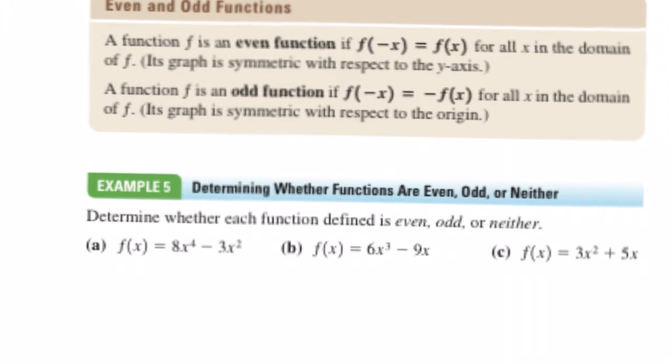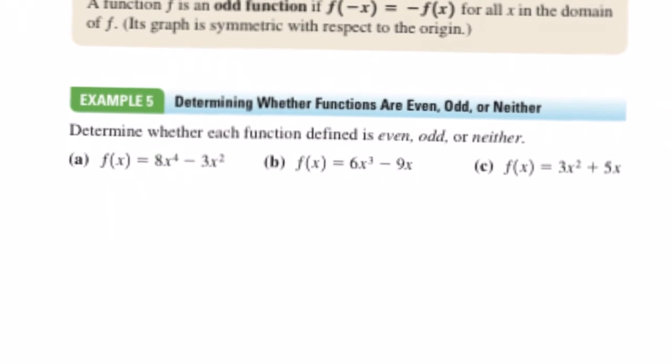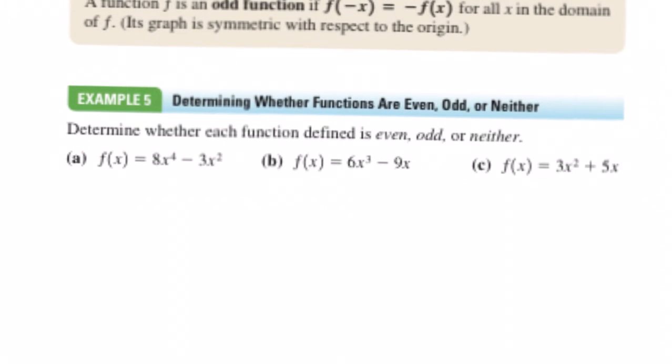A function is even if you plug in negative x into f and you get the same thing out. A function is odd if you plug in negative x into the function and you get the opposite function out of it. Like for this example, we're going to determine whether each function is even, odd, or neither.